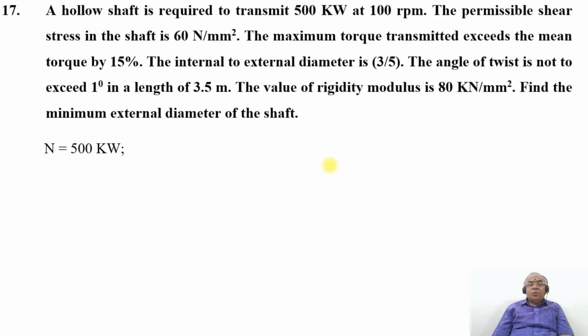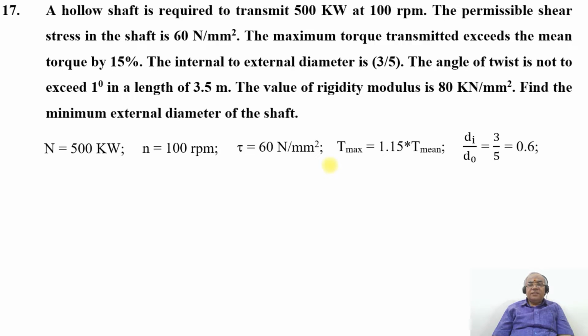Capital N is 500 kilowatt and small n is 100 RPM. And tau is given to be 60 Newton per mm square. And the maximum torque T max is 1.15 into T mean. And di by d naught is 3/5, which is equal to 0.6.